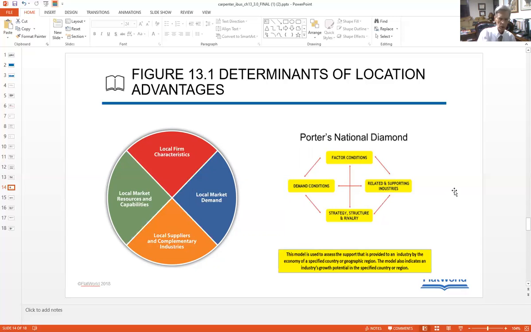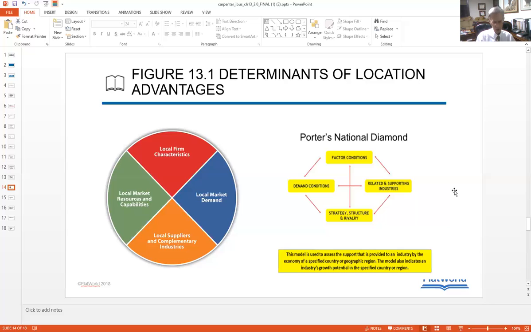Simply put, Porter, after doing quite a bit of research, discovered that countries that have the right mix of these four categories of ingredients are most likely to enable a new firm, especially in a particular industry, to flourish. Absent these factors, it'll be difficult.